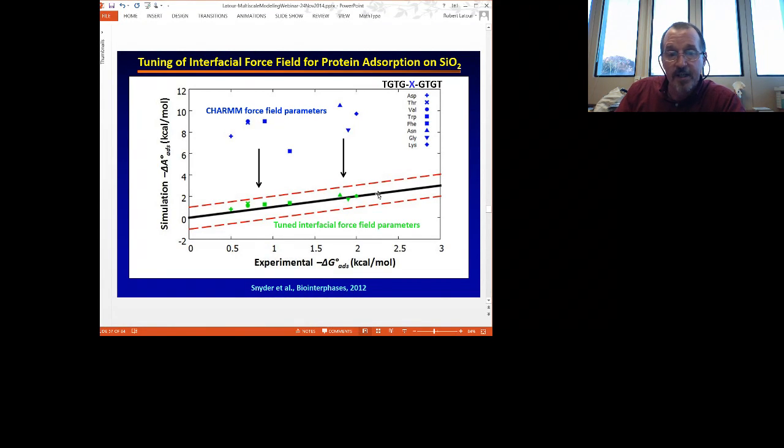So now this lets us tune our system so our amino acids should be interacting properly with our surface. And with this capability, we can now have confidence to apply this to a protein absorption process and represent properly how the protein's absorbing on our surface.